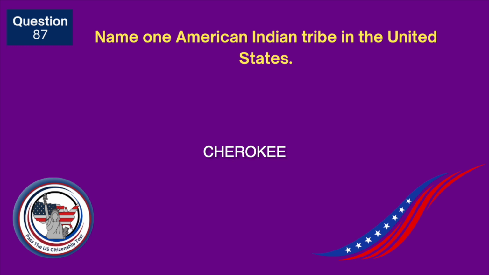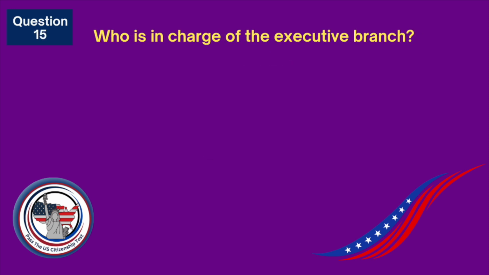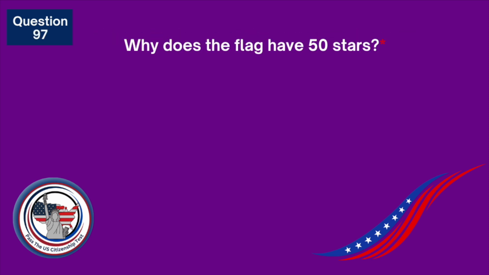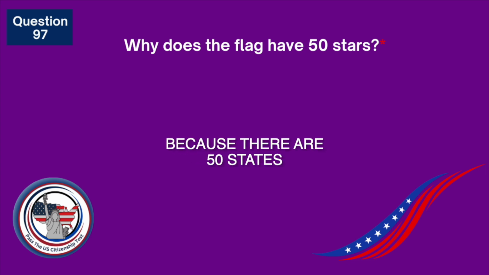Cherokee. Who is in charge of the executive branch? The President. Why does the flag have 50 stars? Because there are 50 states.